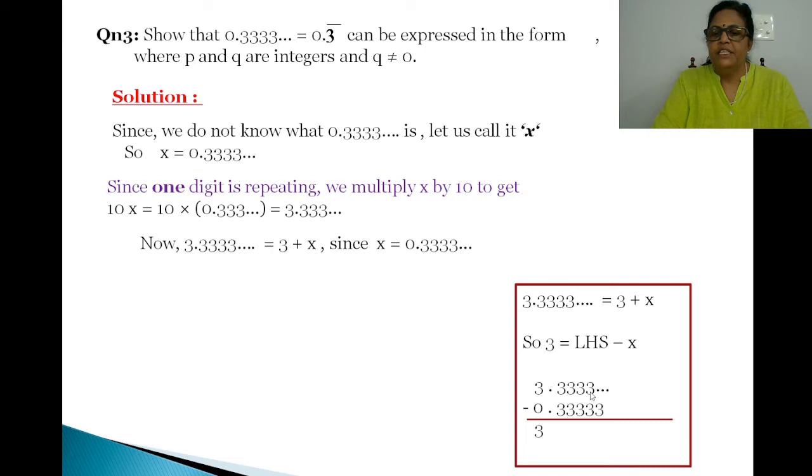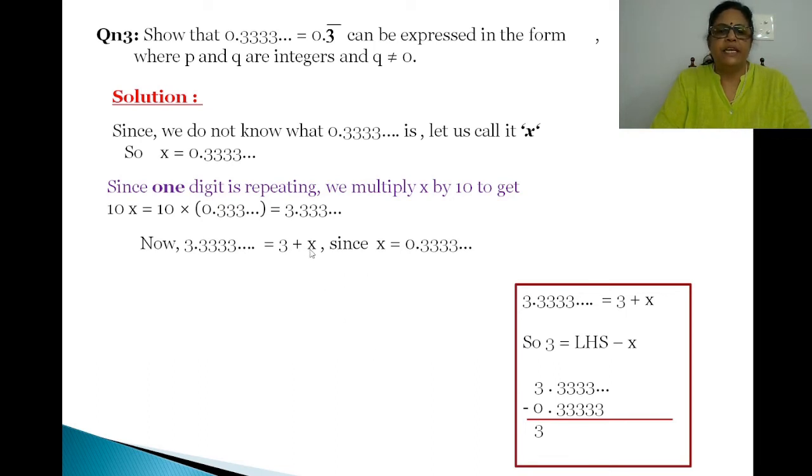The decimal parts are 3.333 etc. up to infinity minus 0.333 etc. up to infinity. Infinity minus infinity we don't know, but it is very close to 0, because 0.000000000 like that. So that means it is very close to 0. So we will consider this as 3.